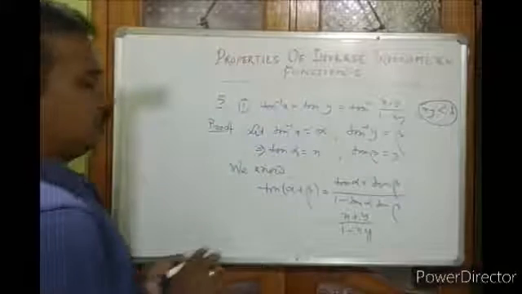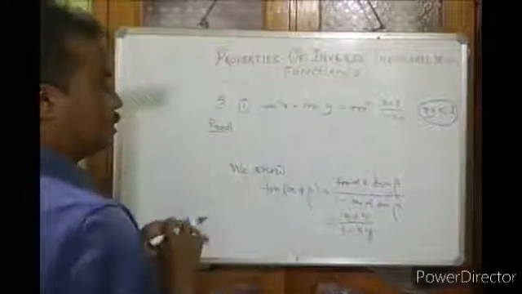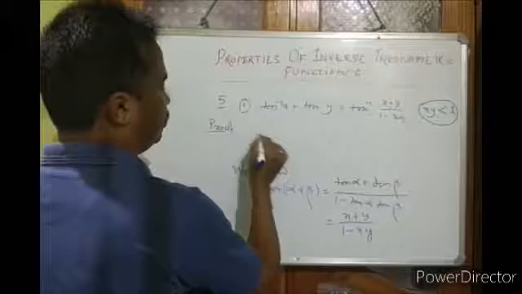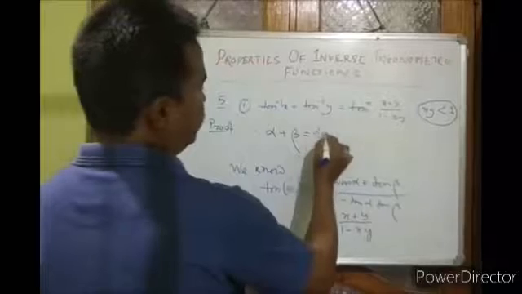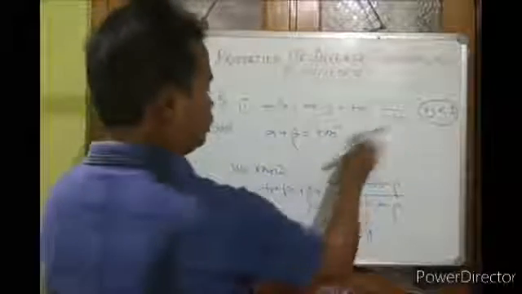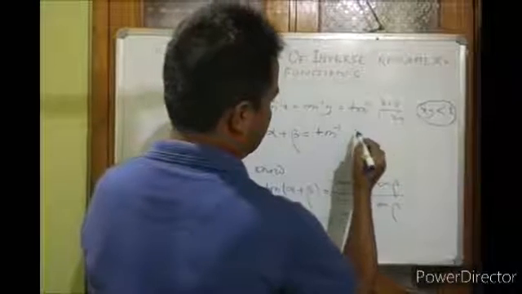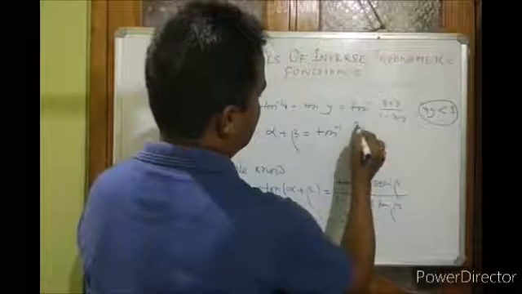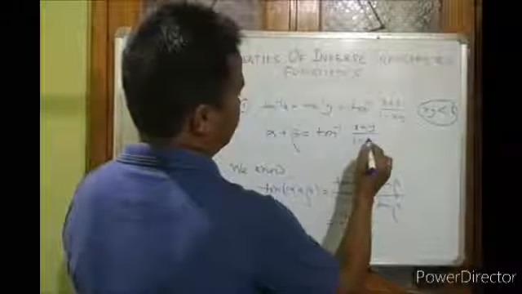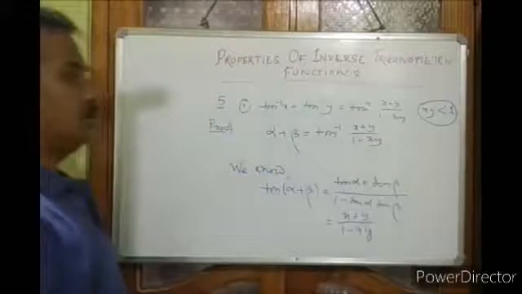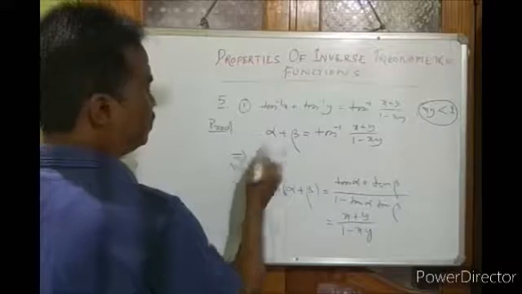So by the definition of inverse trigonometric function, we can write: therefore, alpha plus beta is equal to tan inverse of (x plus y) divided by (1 minus xy). This is the proof.